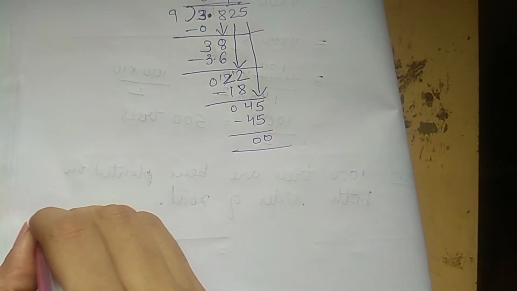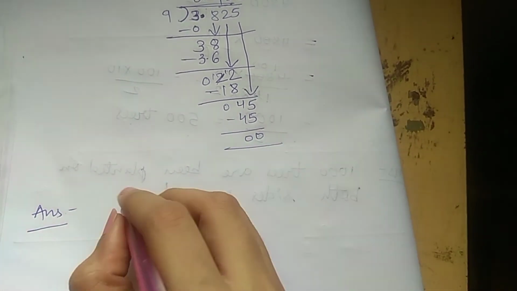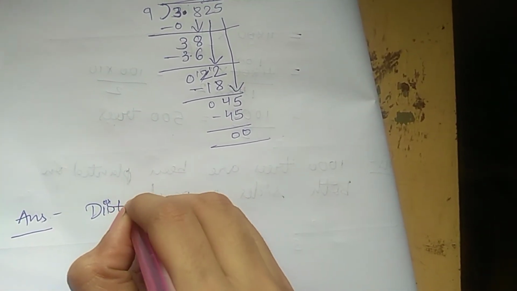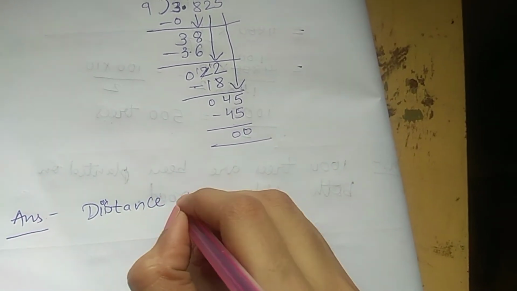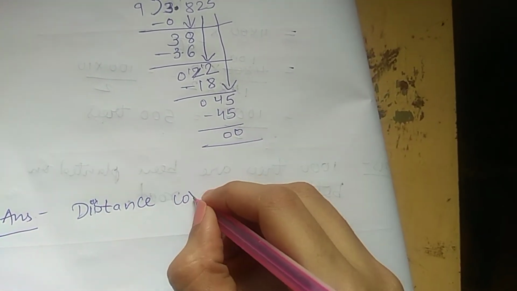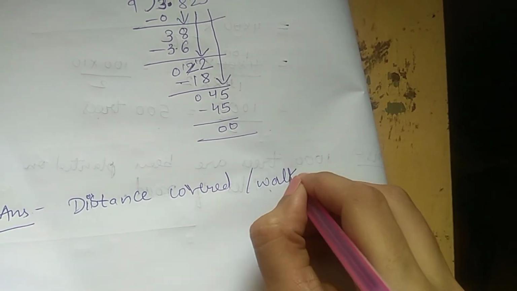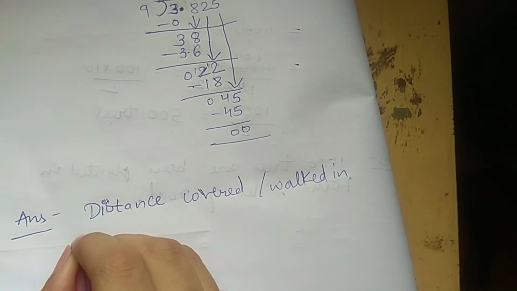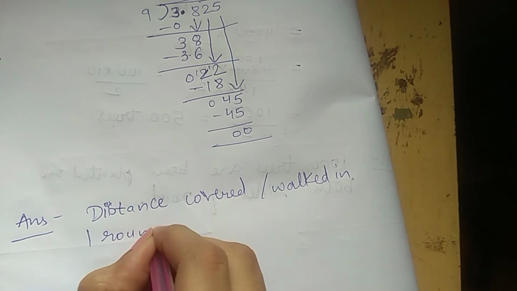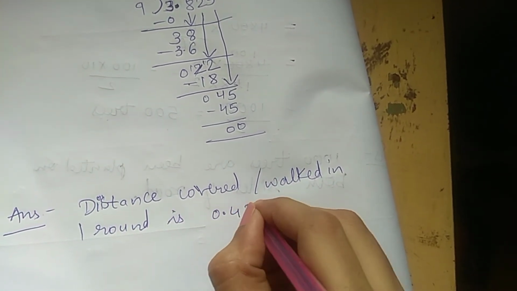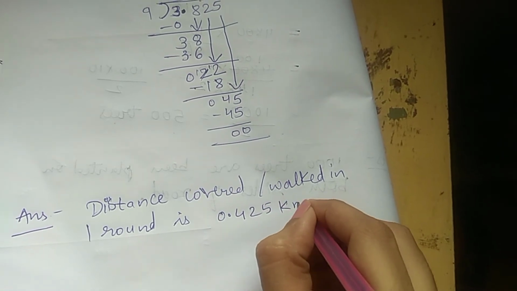So the final answer: distance covered or walked in one round is 0.425 kilometer.